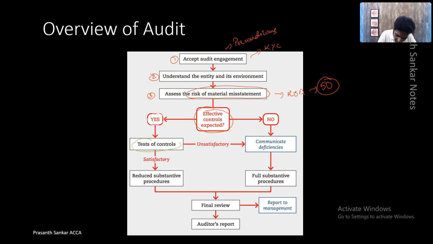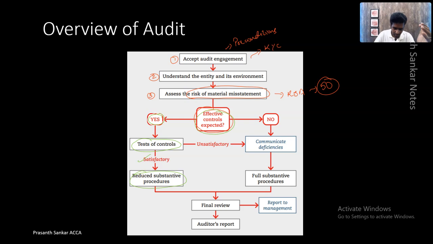If we have tested the controls and found them satisfactory, we perform something called RSP, reduced substantive procedures. Reduced means less. Substantive procedures means the process of collecting evidence.